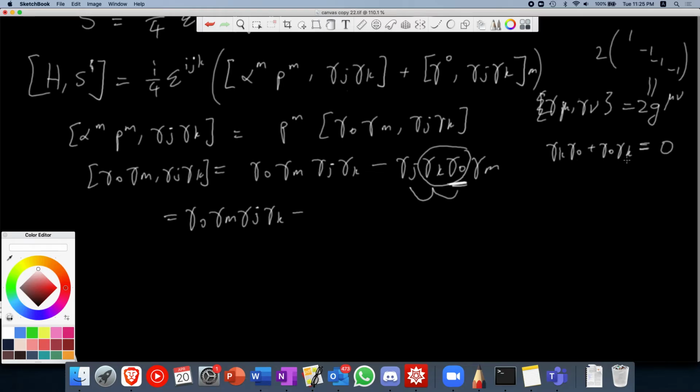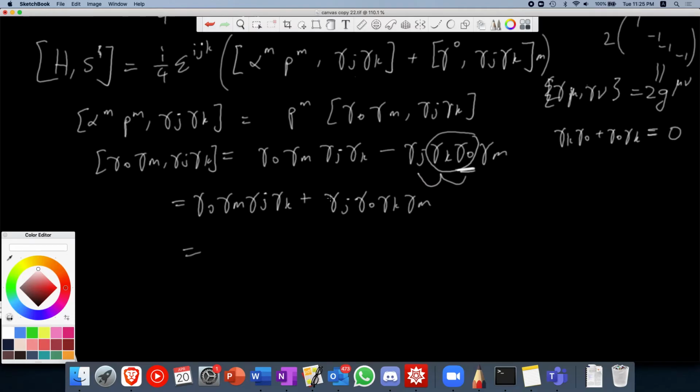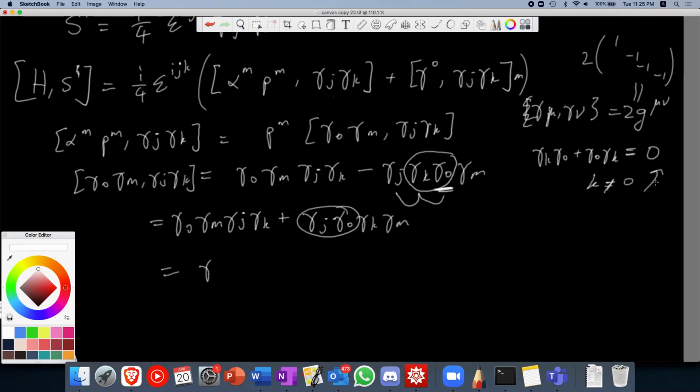So these things anti-commute, so when you bring them over, you simply pick up a minus sign. Now same thing, we can do it for these two, because k is not equal to 0, k is equal to 1, 2 or 3, that on the right hand side is the reason for this being a 0, because you're doing a 0 with one of these and all of them are 0. So this is just this minus gamma naught gamma j gamma k gamma m.